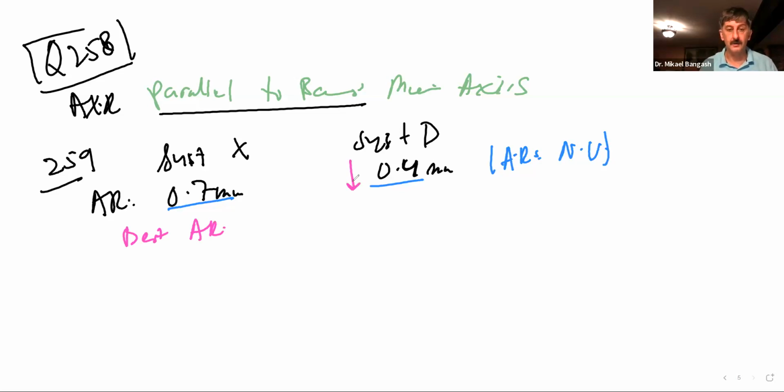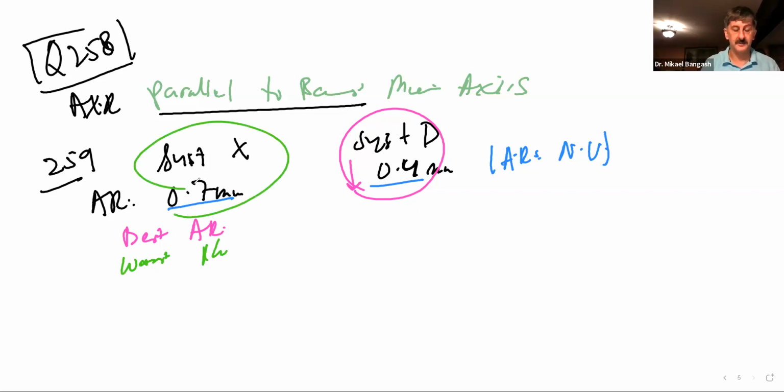That is the one with the lowest numerical value, which would be system D. The one that will produce the worst or poorest axial resolution is system X. So you probably would like to purchase this one here.